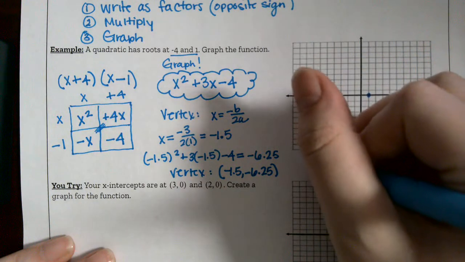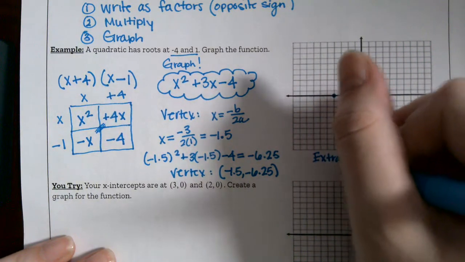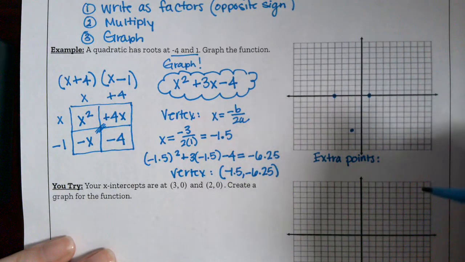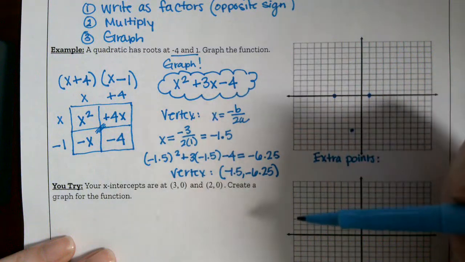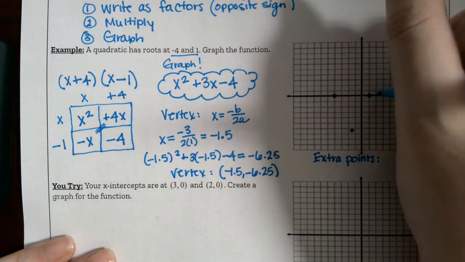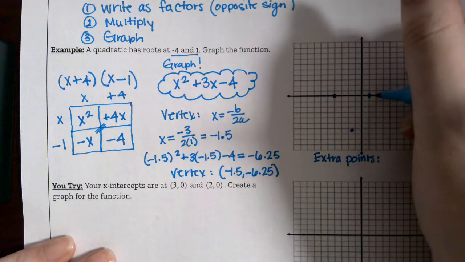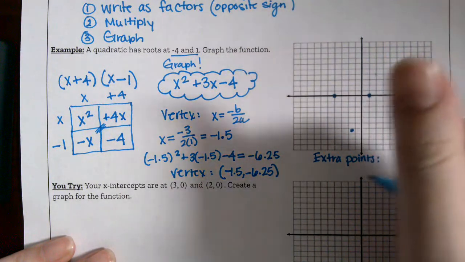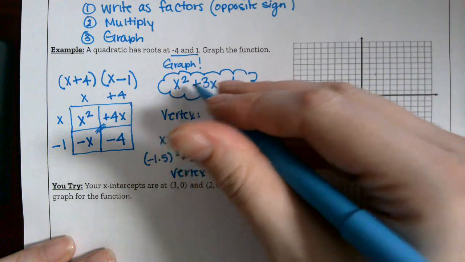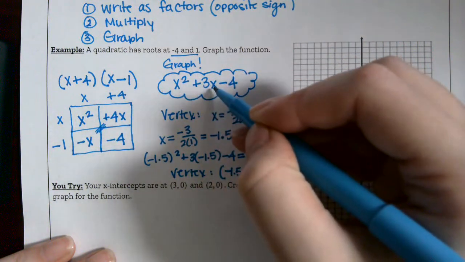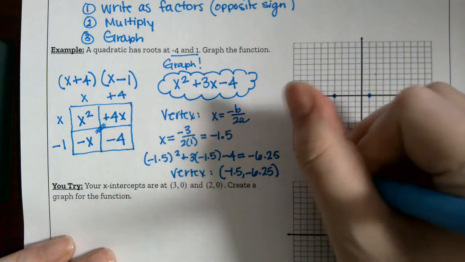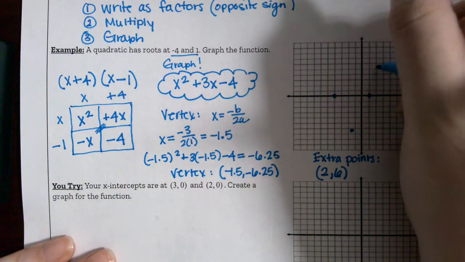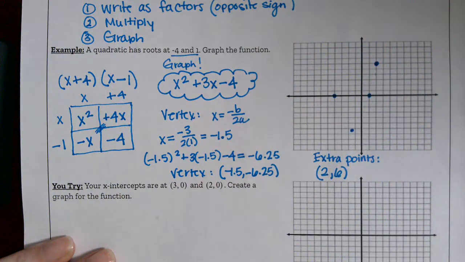So to add extra points, you can just find any x value that's near your parabola and plug that into your equation. So for example, I can plug in 2 to my equation and see what it gets me, so I know where on this line I'm going to have another dot. So if I plug in 2 to my equation, I get 6. So I can add 2 comma 6 to my graph. That looks good.